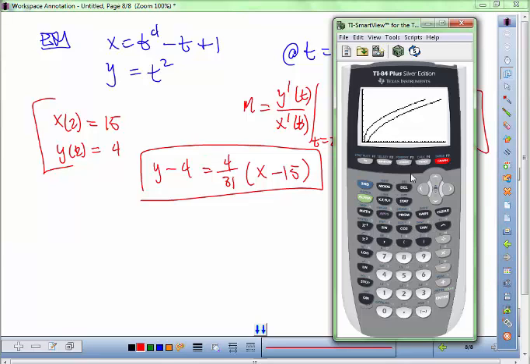So if I trace this, when t is equal to 0, if I'm tracing it and then I type 0, it gives me my t value and tells me where I am exactly. And so I'm interested in finding out where I am when t is equal to 2. And that's going to give me 15 for my x and 4 for my y, which is what I had anticipated, right?